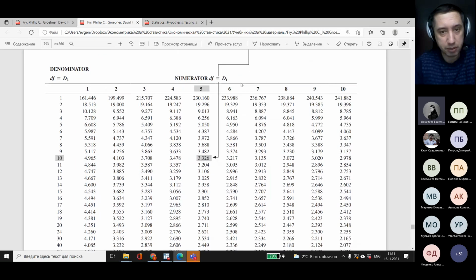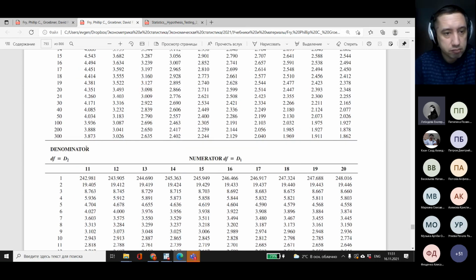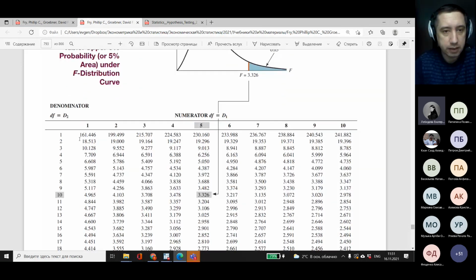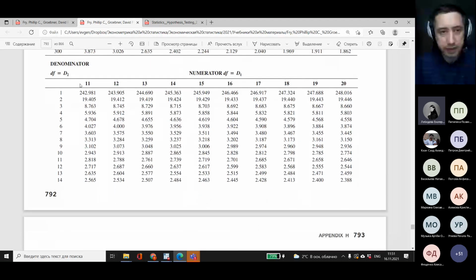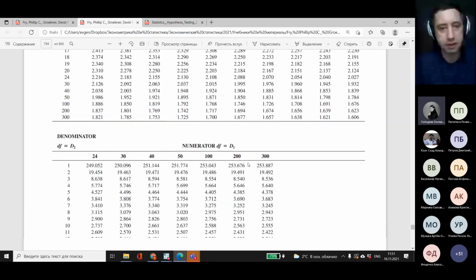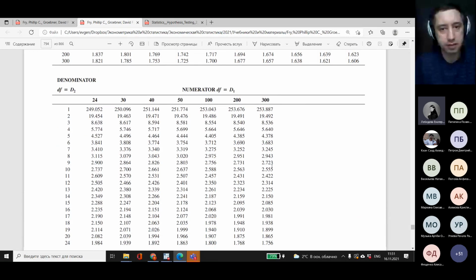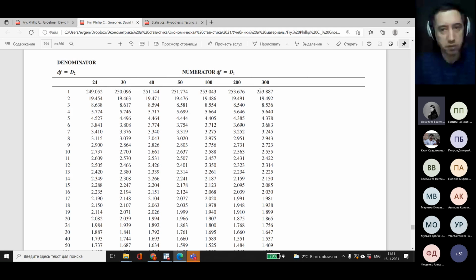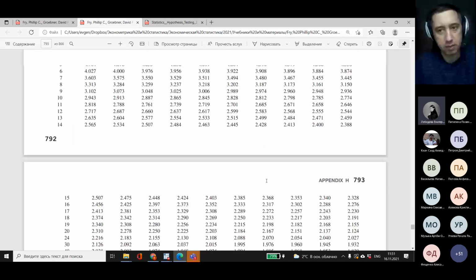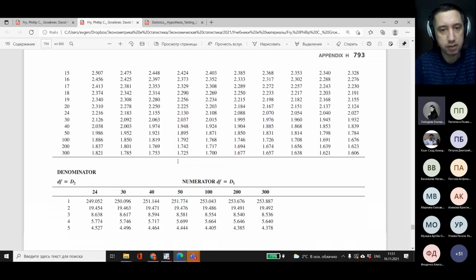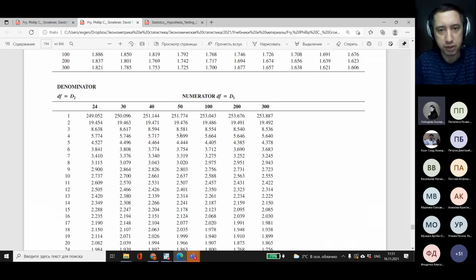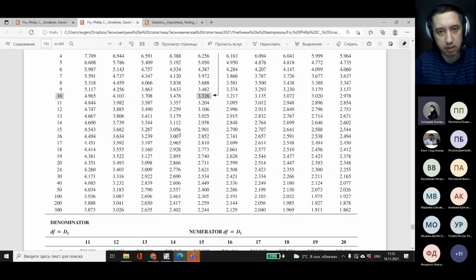These tables are pretty large. We have 300 rows, and this table has the first 10 columns. This is another part of the same table, with columns 11 to 12, and this is the last part of the same table, from 24 to 300 observations. Please remember that these are three elements of the same table.